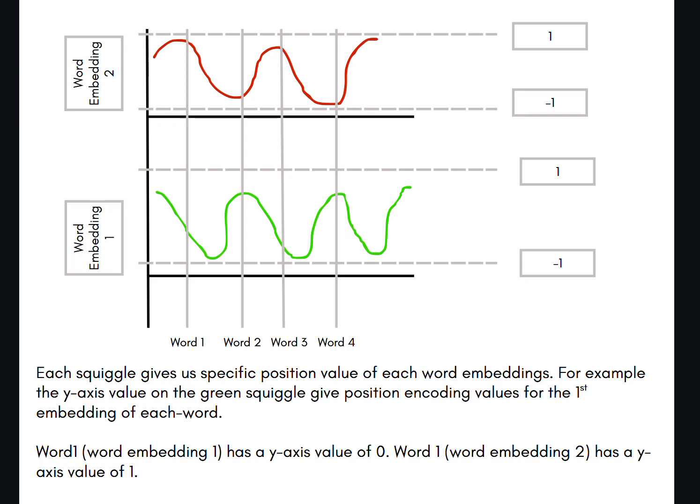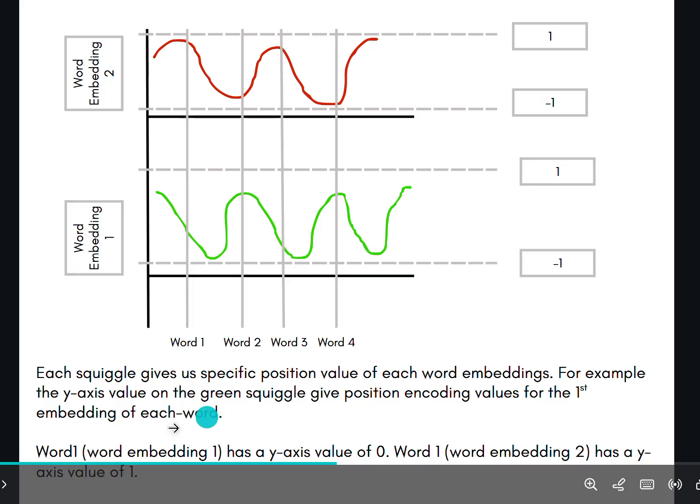Those are 90 degrees apart from each other, and the value is between -1 and 1, right? Each squiggle gives a specific position value for each word embedding. For example, the y-axis value on the green squiggle gives the positional encoding value for the first embedding of each word.